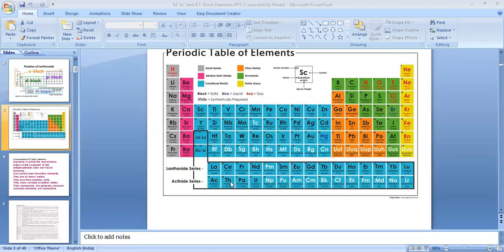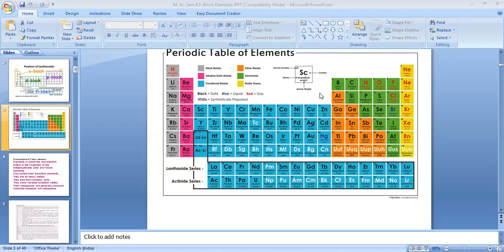Here it is also shown that actinium, thorium, protactinium, and uranium are in black color, and all the other elements are shown in white color because these are not naturally found. These are artificial or man-made elements which may be obtained by nuclear bombardment. So first of all, we should be familiar with the names of all these elements.